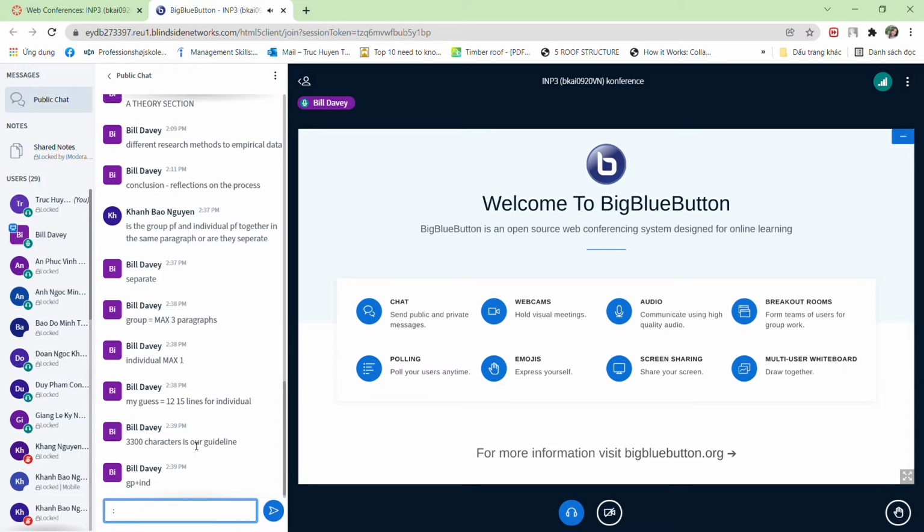I cannot give you a 100% definite answer. When you're writing, maybe you write 4,000 characters, and that's okay, but you have to remember that you've only got 20,000 more left.